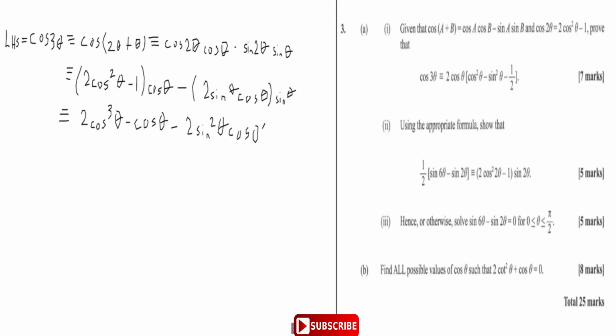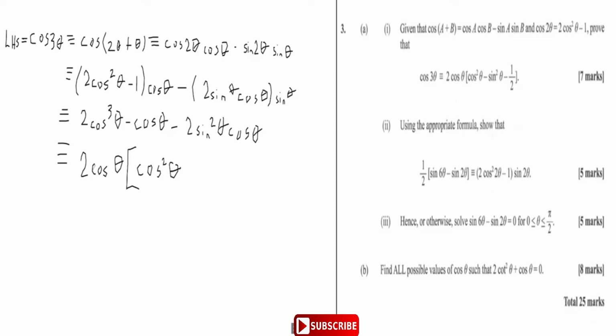Now I need to realize what I am trying to prove. They have a 2 cos theta on the outside factored out, so I'm going to factor out 2 cos theta. Factoring 2 cos theta out of 2 cos cube leaves me with cos square theta.